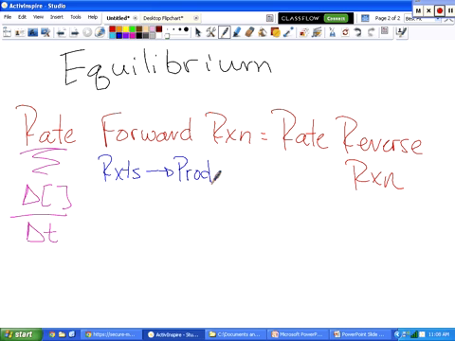Do you agree that's the forward? So, logically, over time, what should the concentration of reactants do? Why should reactants decrease over time? Because we're converting them, right? So what should the concentration of the products do over time?